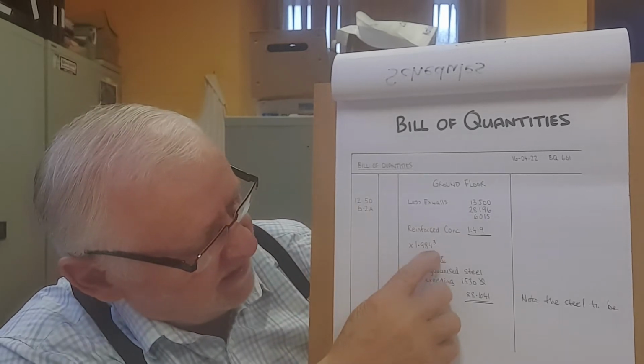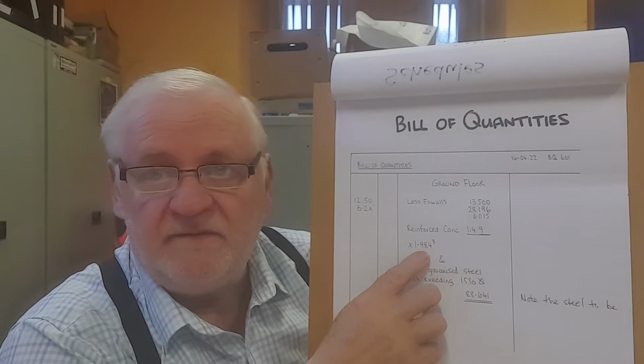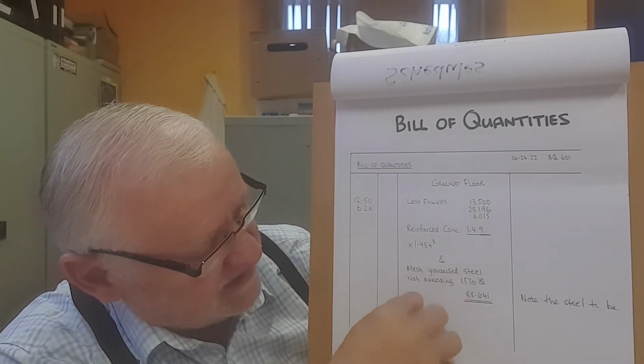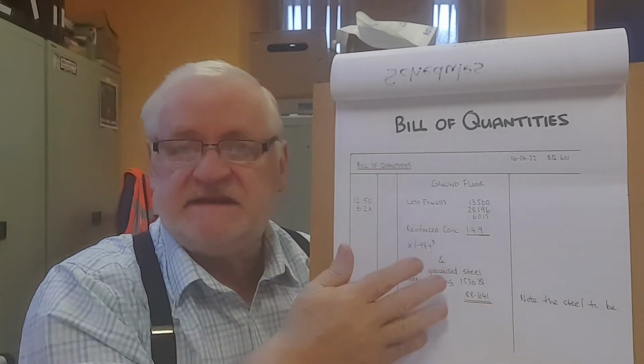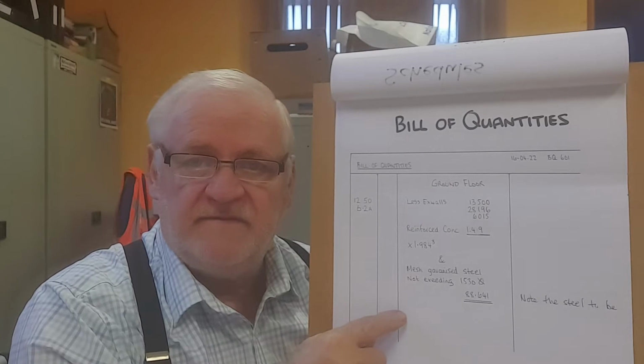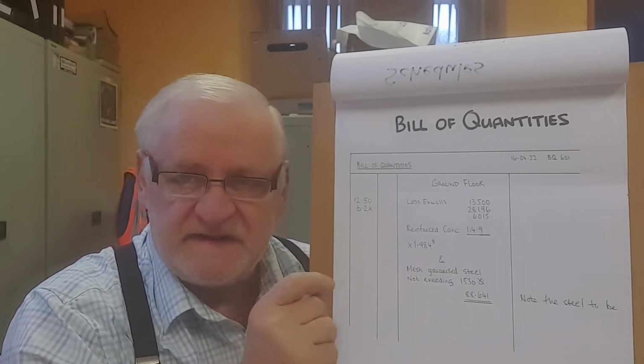And then it's multiplied by a certain so many meters per cubic meter, and then it's mesh galvanized steel not exceeding, and it's very technical. Okay, but the important thing is that from this technical information, it's possible to come up with a specific price in the end.